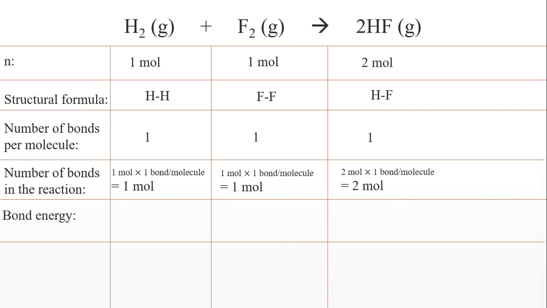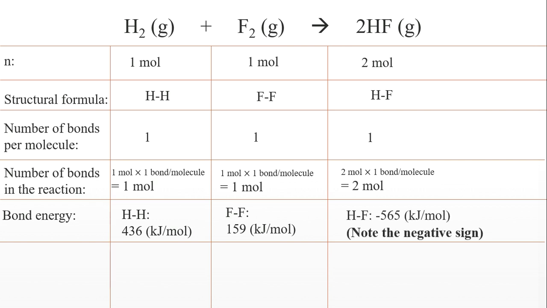All right. The bond energies can be found in the table. For the H-H bond, it's 436 kilojoules per mole. For the F-F bond, it's 159 kilojoules per mole, and for the H-F bond, it's minus 565 kilojoules per mole. And this is important.